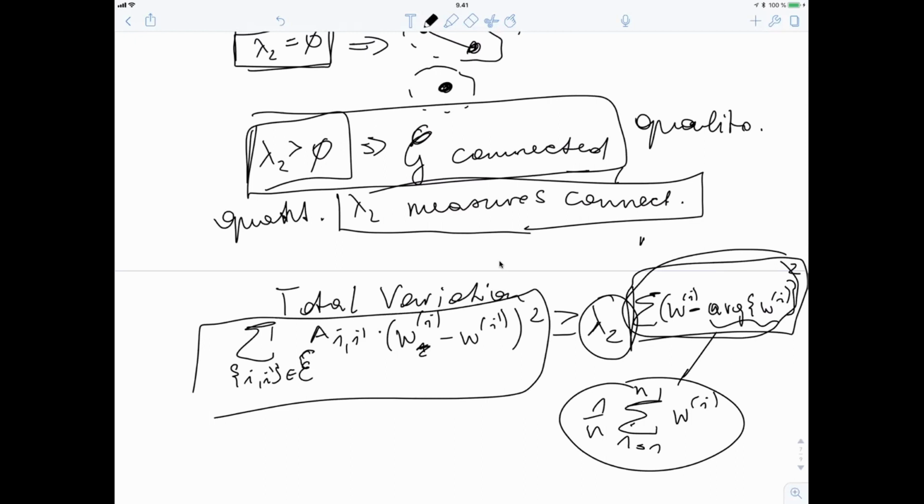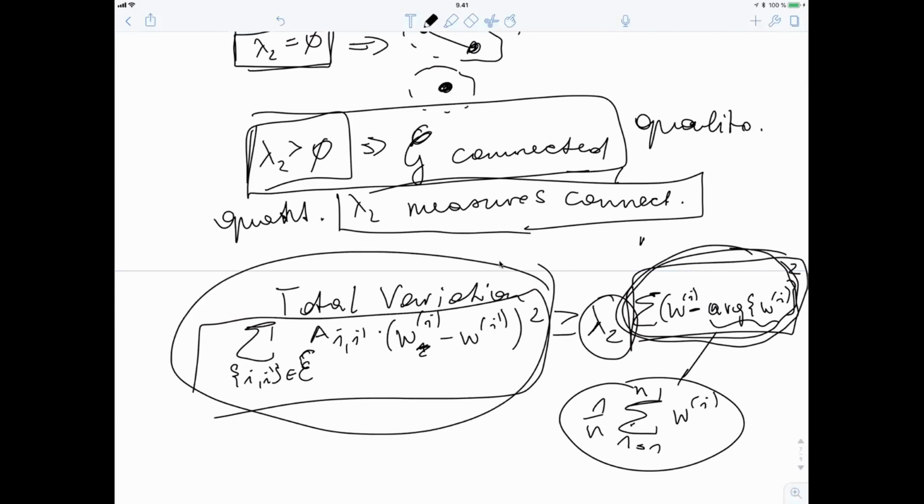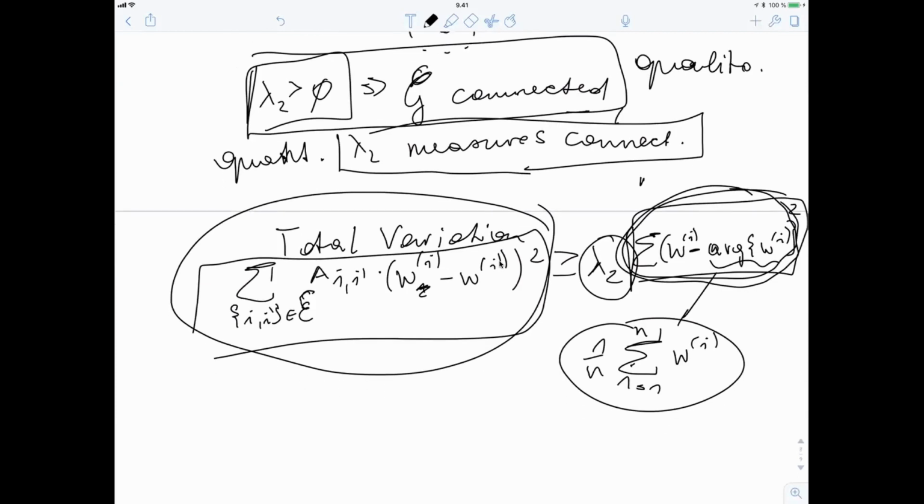So you can decompose a sequence as a constant signal, constant values, and the rest. So this is basically the varying or the variation component in the local model parameters. So the more the variation is in these local parameter vectors, the larger is the total variation measured across the edges. And this inequality will prove very useful for analyzing the statistical properties of federated learning algorithms.